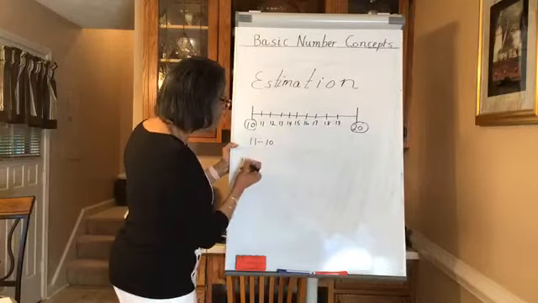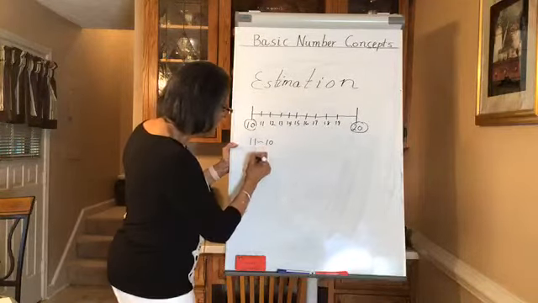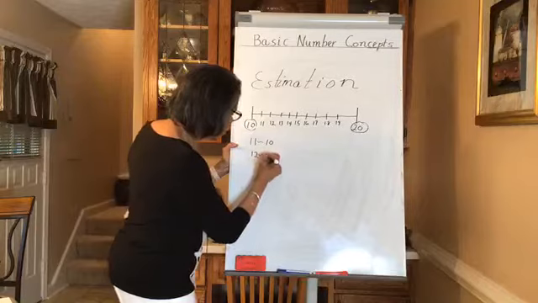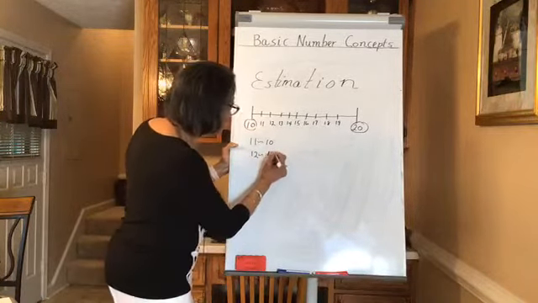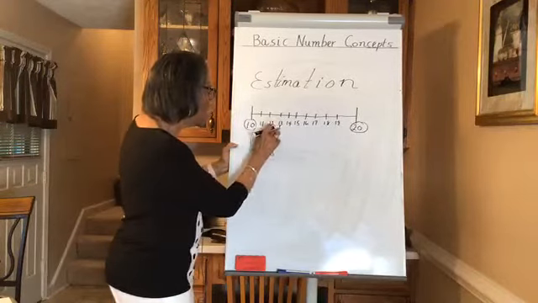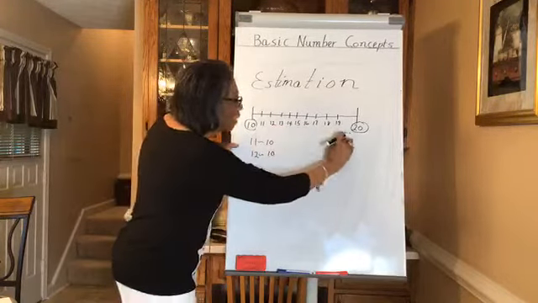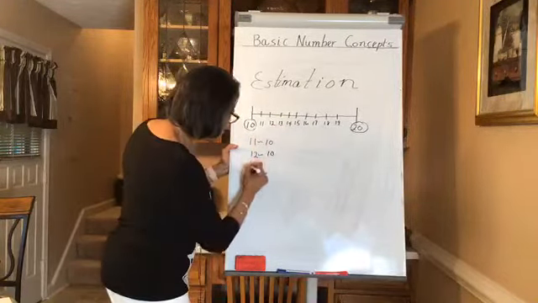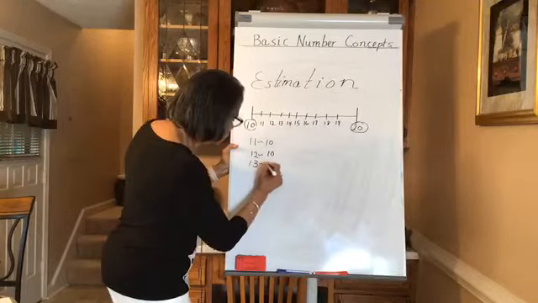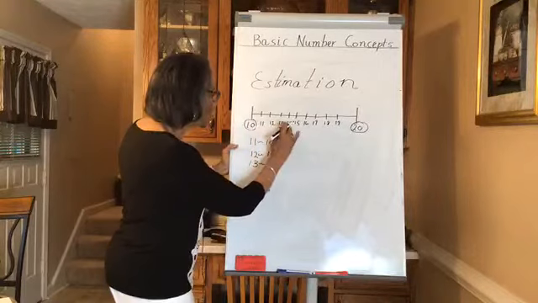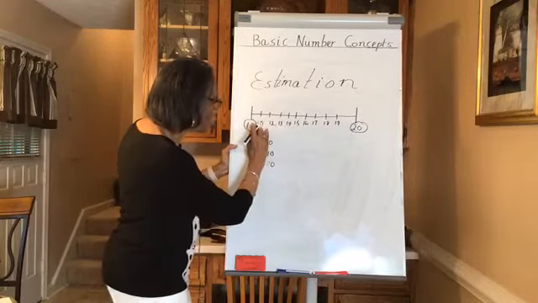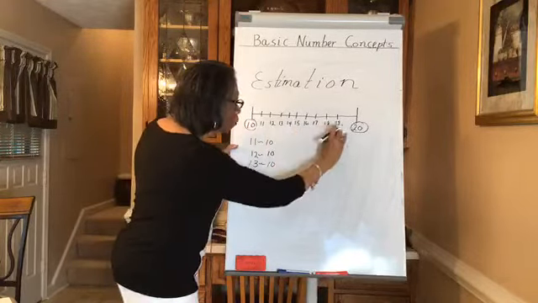So 12 would also be approximately 10, and it's not equal. I noticed I just did a little swivel mark. That's closer to 10. 13 is closer to 10 than it is to 20. 14 is closer to 10 than it is to 20.